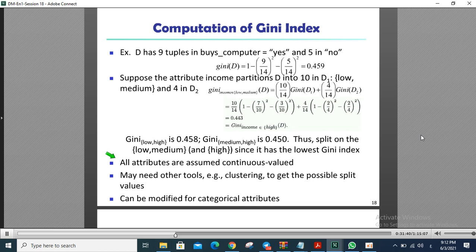I should use another method such as clustering to define those categories and then work with CART.